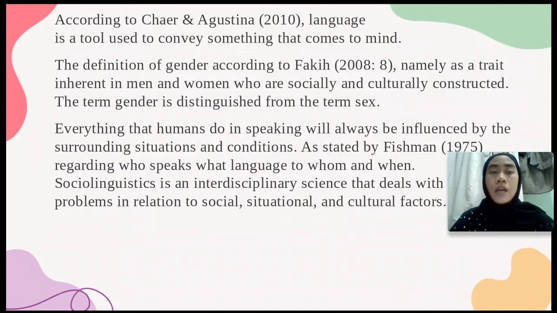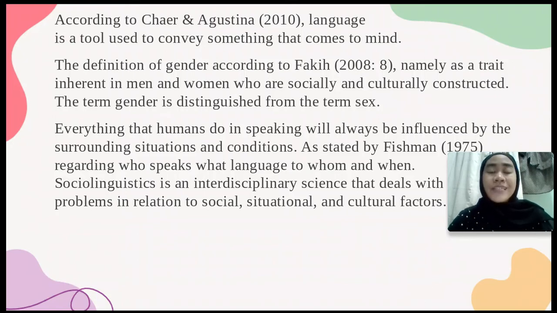So next, there are the definitions about gender by experts. First, according to Chaer and Agustina 2010, language is a tool used to convey something that comes to mind. The definition of gender according to Fakih 2008, namely a trait inherent in men and women who are socially and culturally constructed.